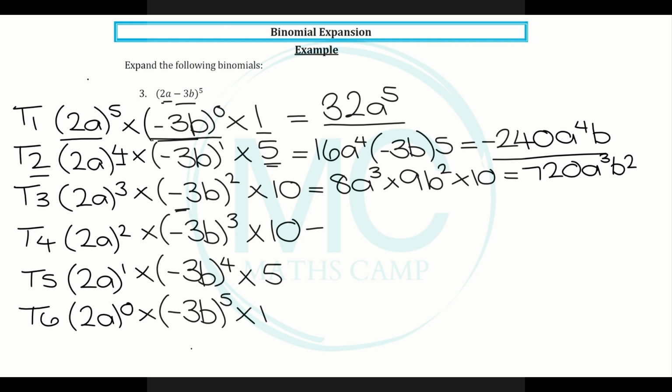Now let's look at our fourth term. I have 2a squared. This becomes 4a squared. Negative 3 cubed gives me negative 27. So this becomes negative 27b cubed multiplied by 10.